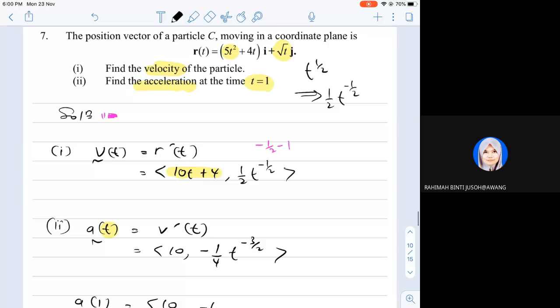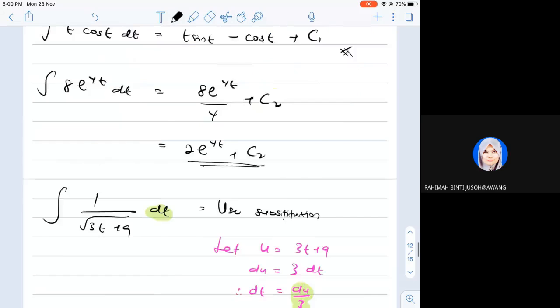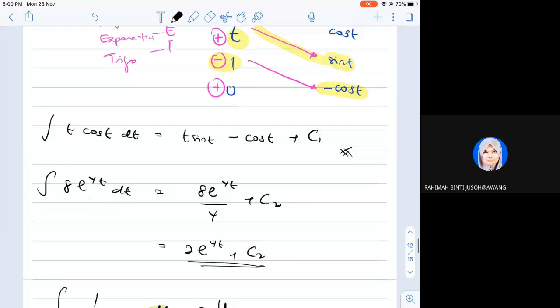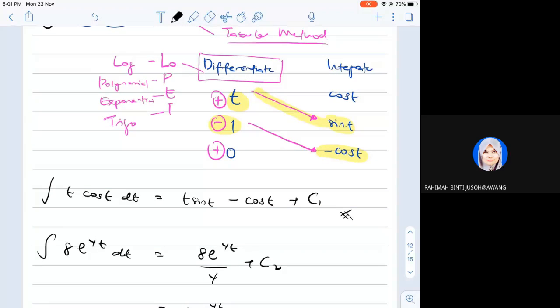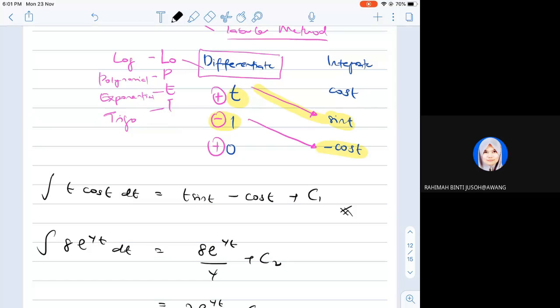Oh, sorry guys, negative times negative becomes plus, so it is t sin t plus cos t.